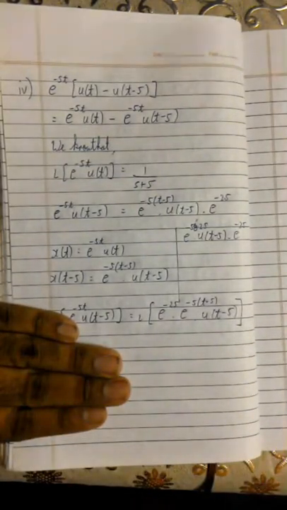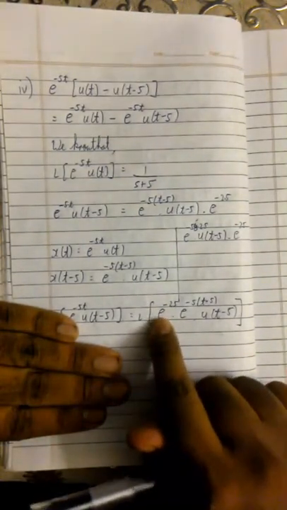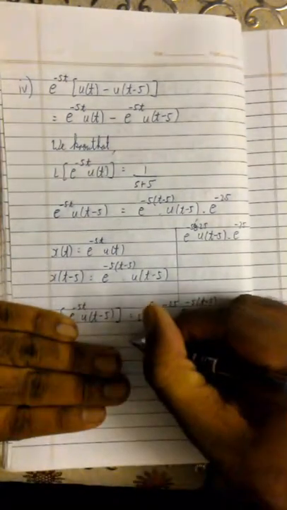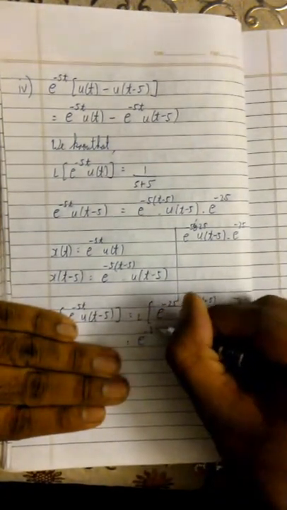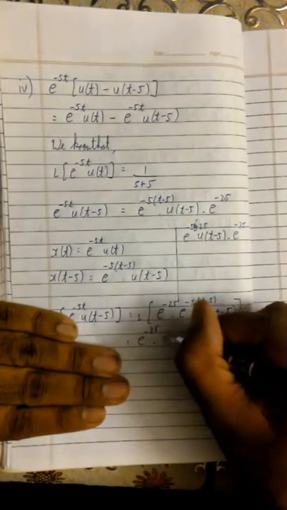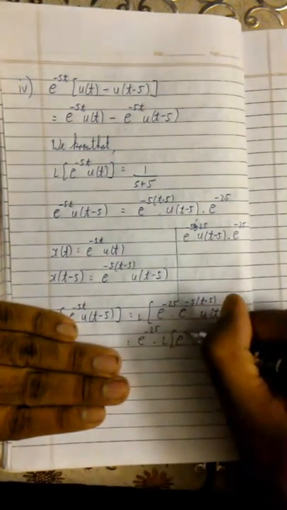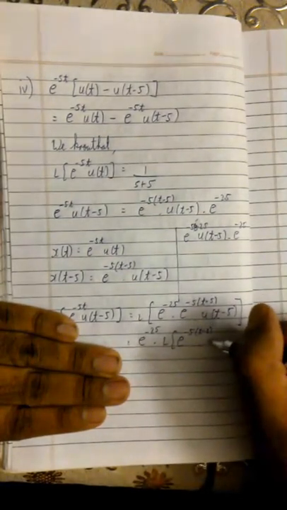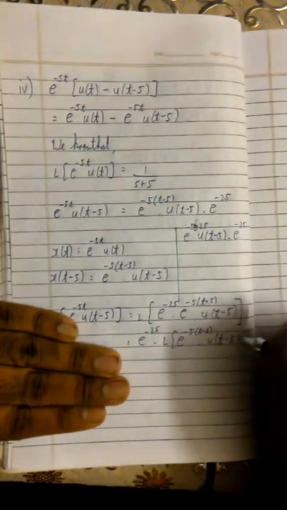This e raised to minus 25 is a constant. There is no t over here, so I can take it outside. This will become e raised to minus 25 into the Laplace transform of e raised to minus 5 into t minus 5 into u of t minus 5.